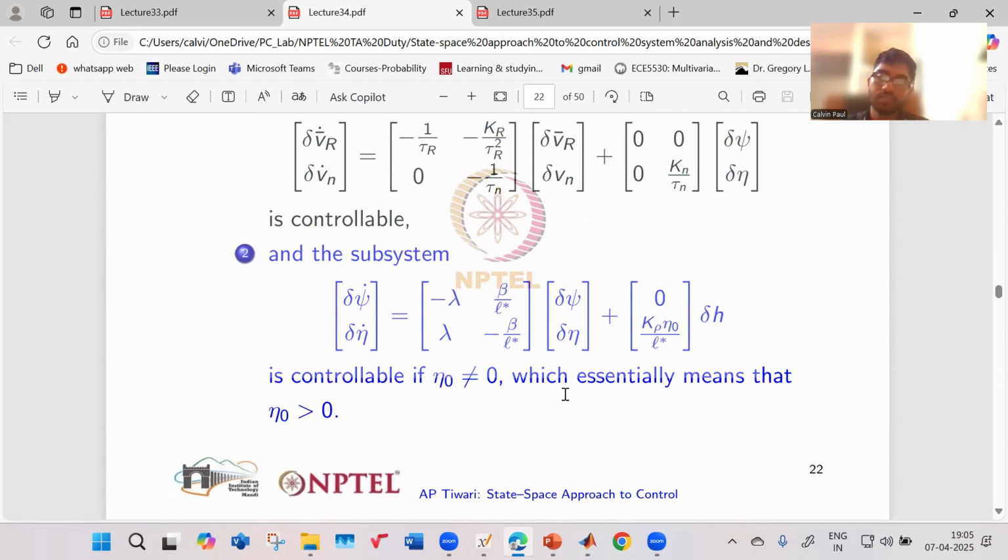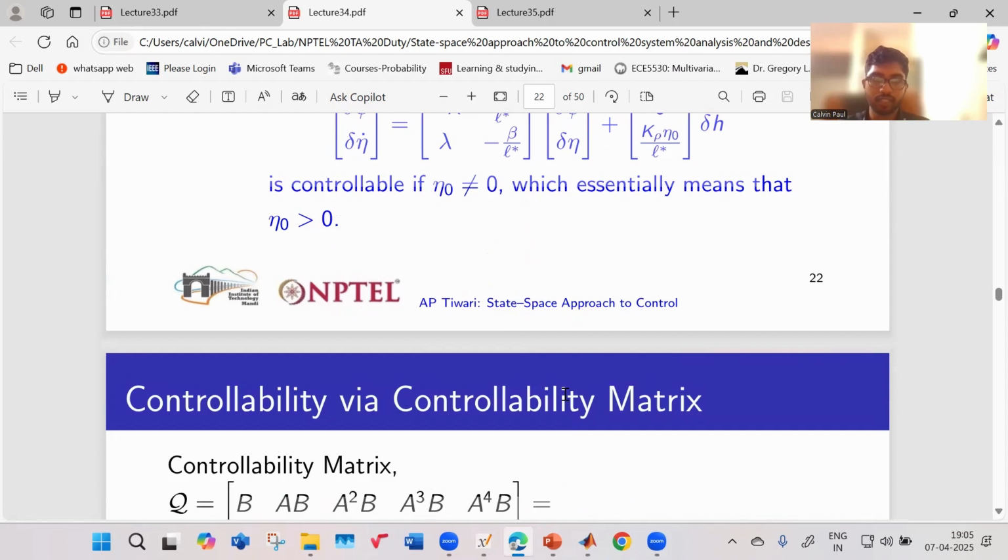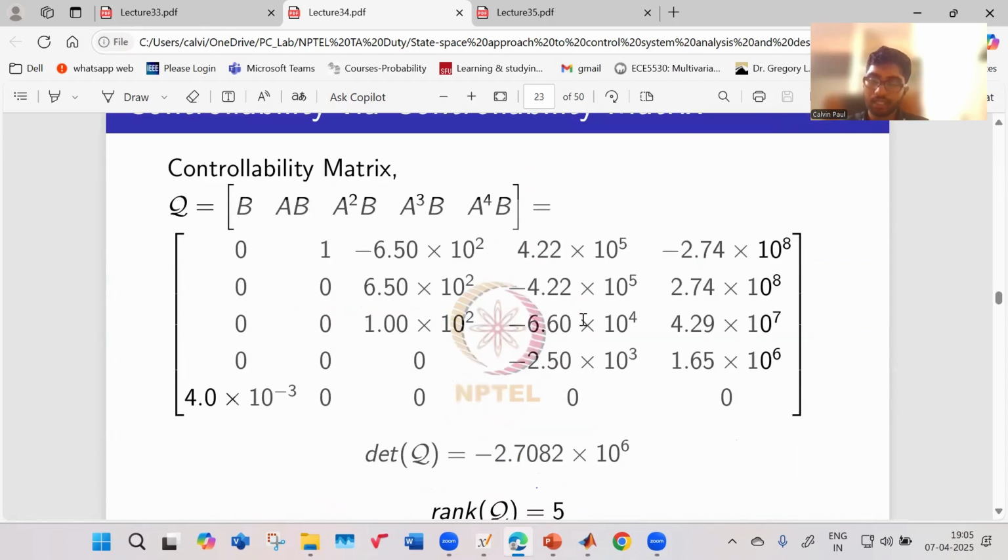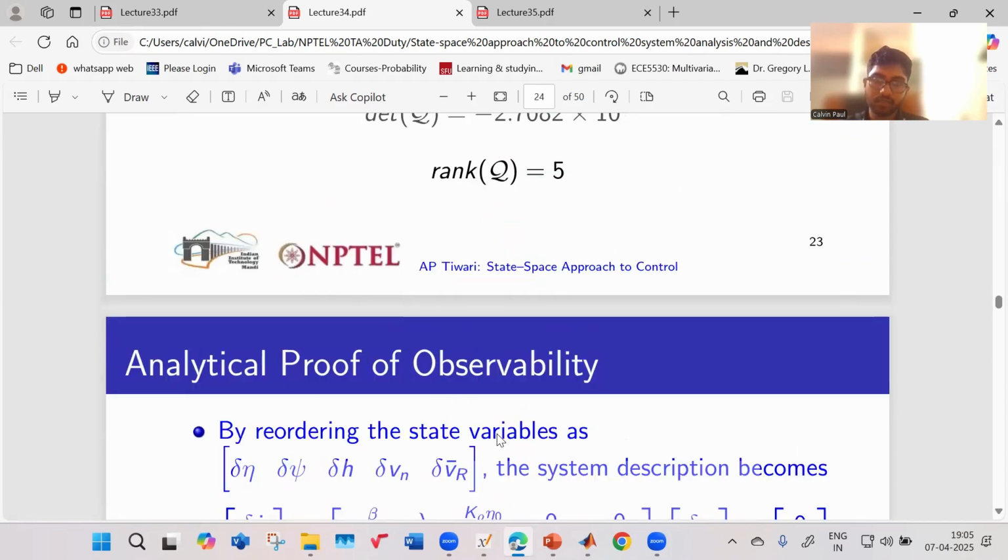So we need the neutron flux density to be greater than 0. The Q matrix determinant of Q comes out with this, and the rank of Q is full.